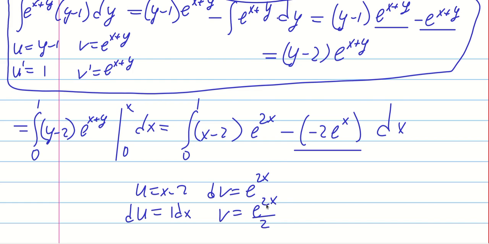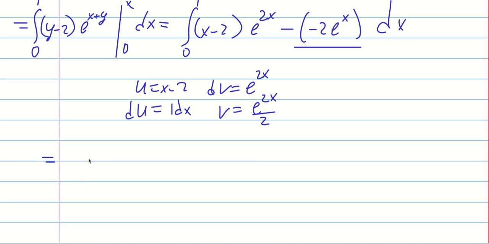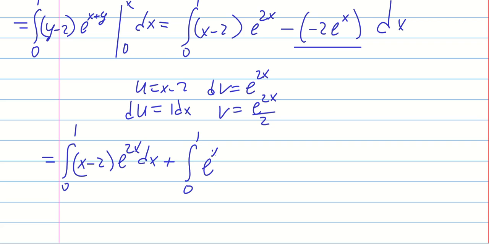All right, so what does it tell us? This tells us that our integral is equal to the integral from 0 to 1 of x minus 2 e to the 2x dx plus the integral from 0 to 1 of e to the x times 2 dx. And for this one we use integration by parts.